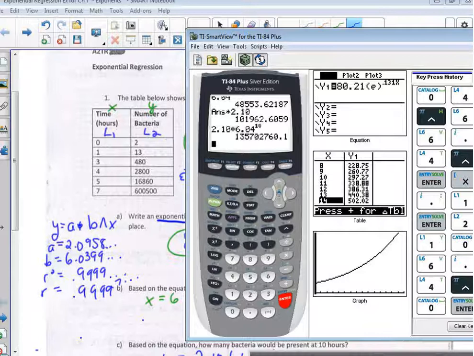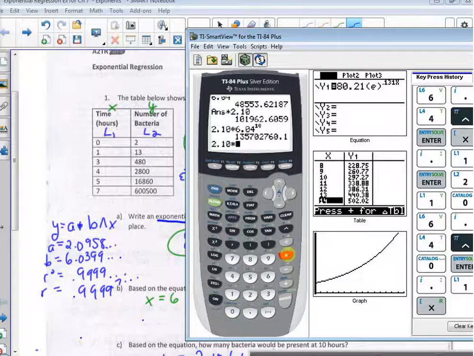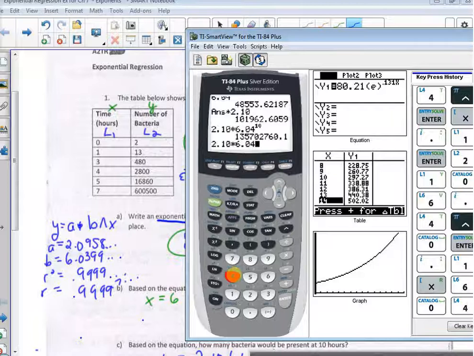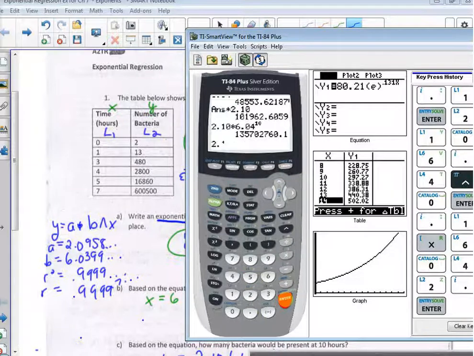I could try plugging in 2.10 times 6.04 to the, let's try to the 2.5. Okay, so that's 188. So I need that to be smaller.